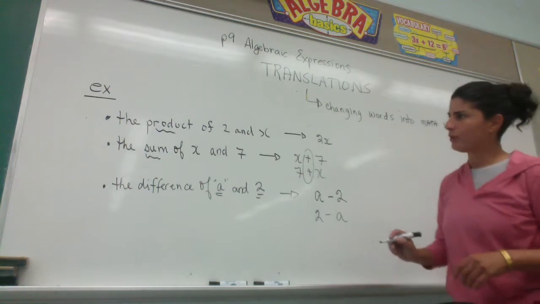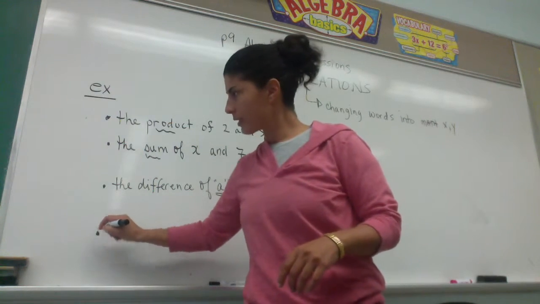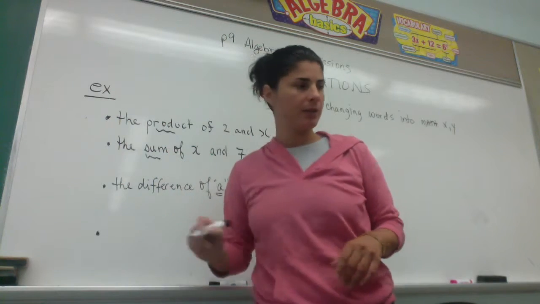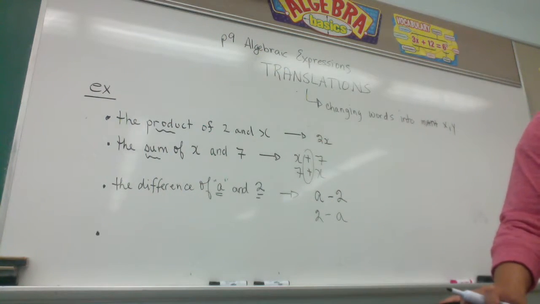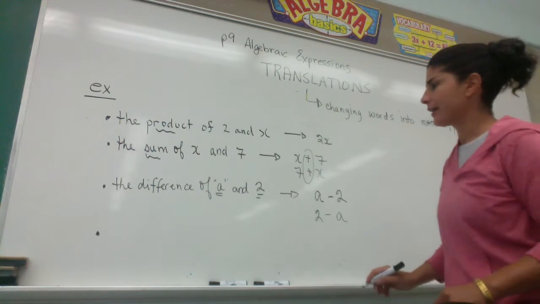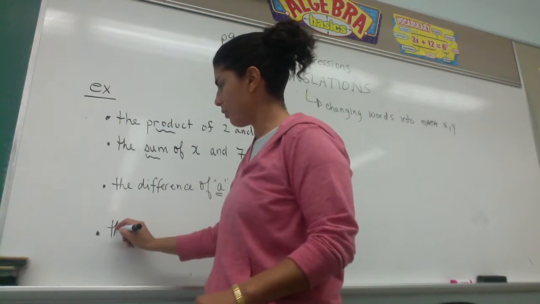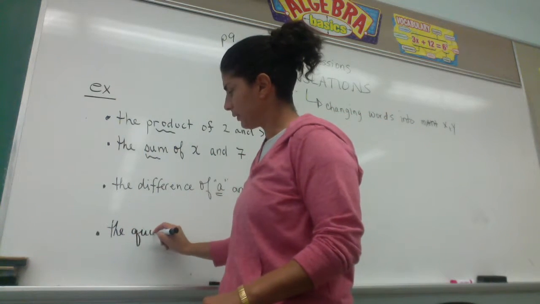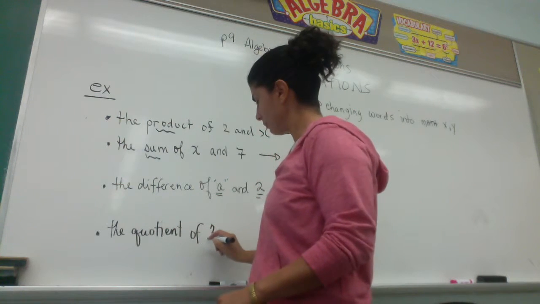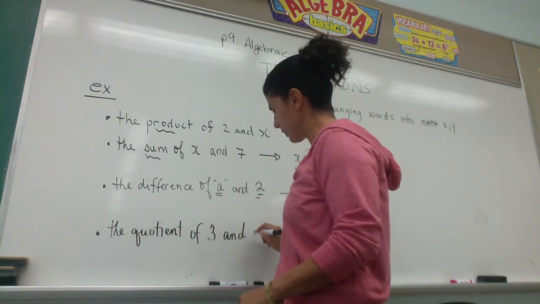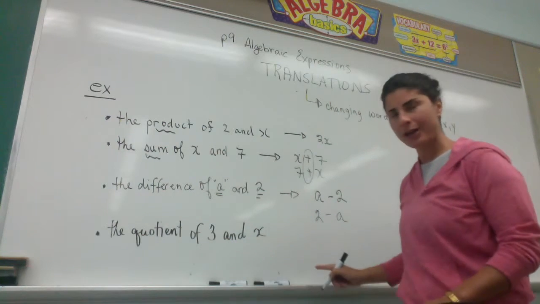And let's do one more, since we've hit the symbols: the product, the sum, the difference. We'll do one that says the quotient of 3 and x. Again, order matters.